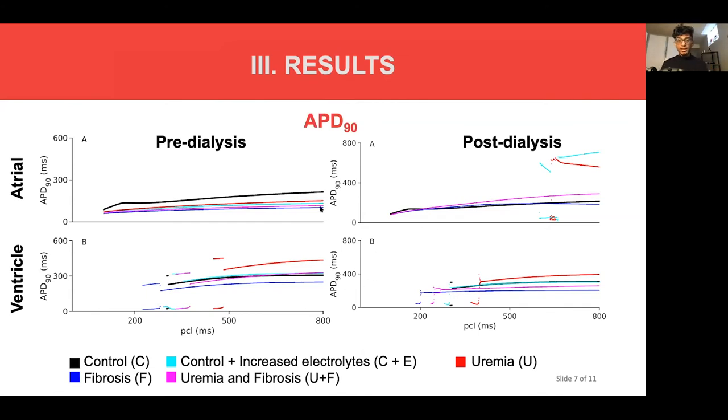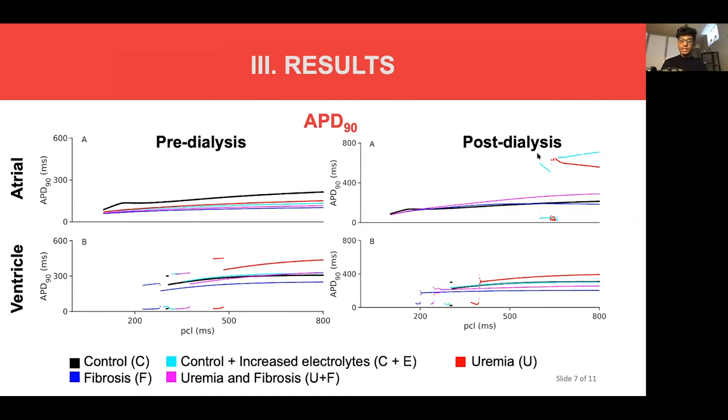At pre-dialysis, in general, in the atrial cell, all disease conditions result in shorter APD90s overall compared to the control. In the ventricle cell, we see the onset of alternans in all cases at low PCLs.